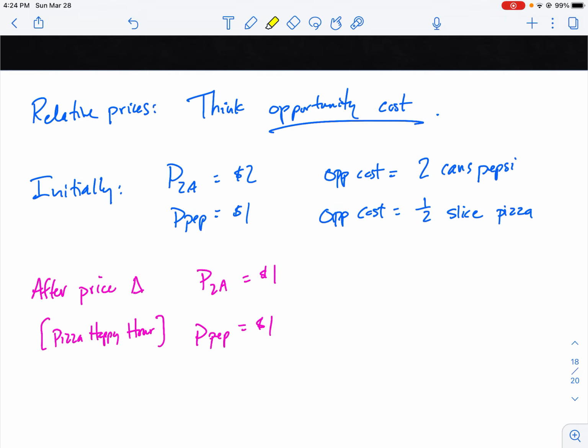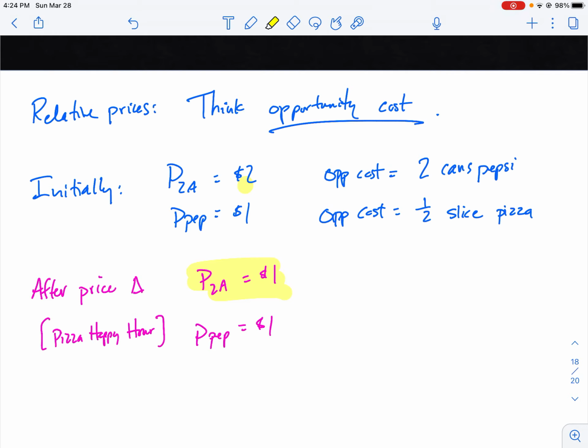So in nominal terms, the price of pizza went from $2 to $1. And in nominal terms, there was no change in the price of Pepsi. Pepsi was $1 before, Pepsi's $1 now. So the nominal price of Pepsi is the same. The nominal price of pizza went down.